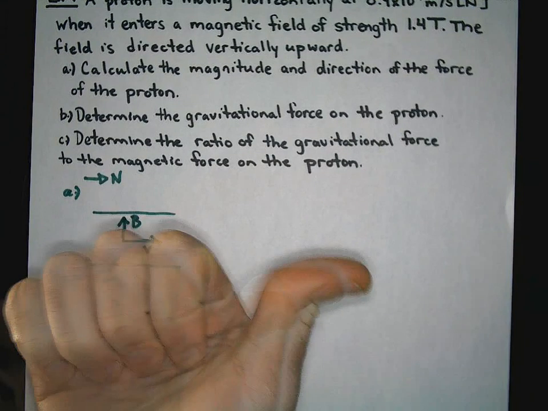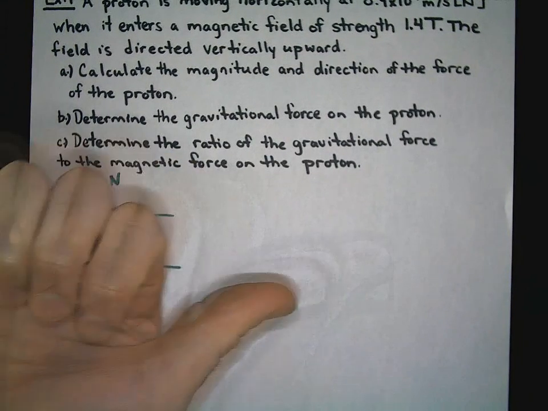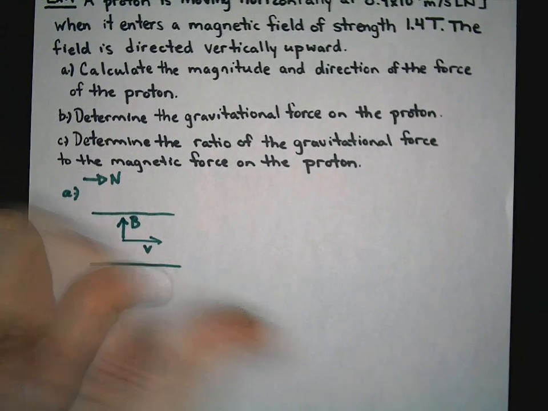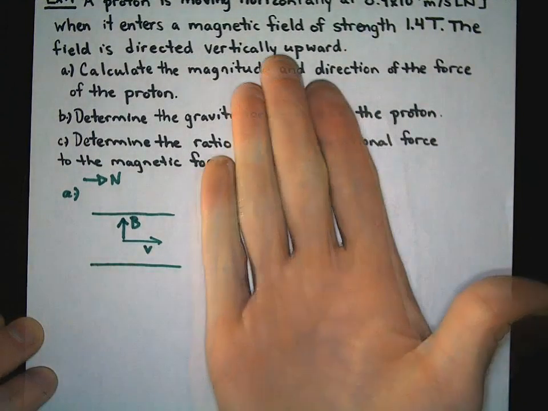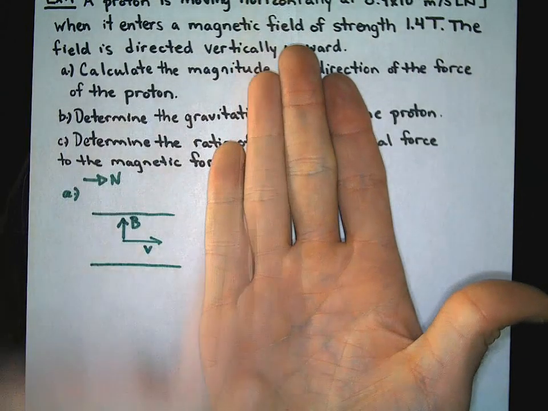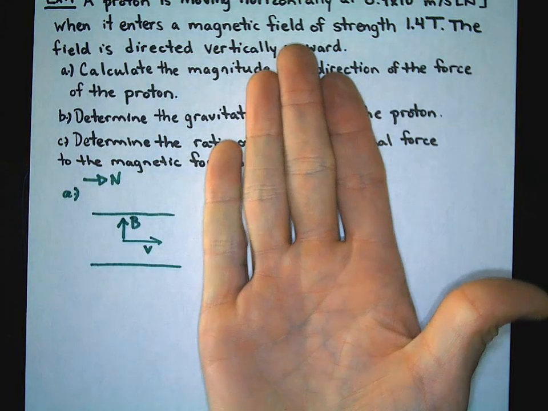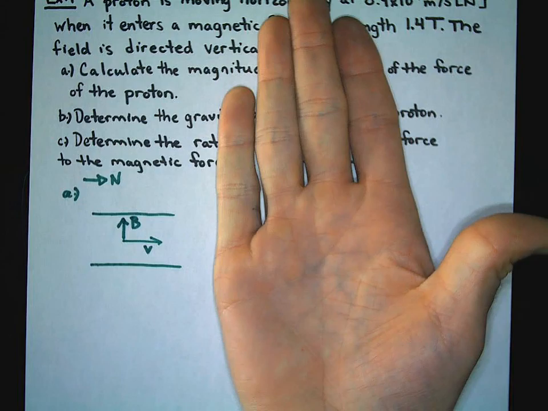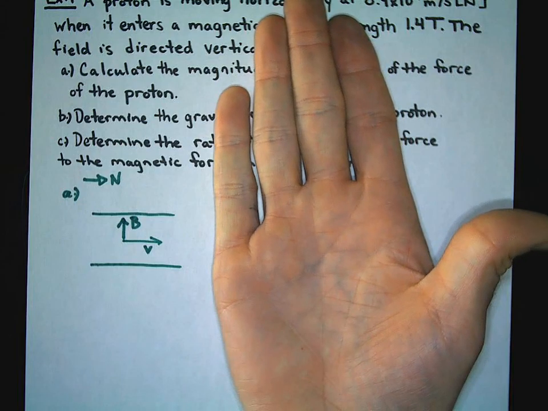If you can see my thumb, it's pointing towards the right, similar to how my velocity is in this case. And our field, straight fingers, are facing forward, or vertically upwards in this case, as given in the question. Which direction is our magnetic force going? You see my palm is facing towards the screen right now, but it's coming out of the page.